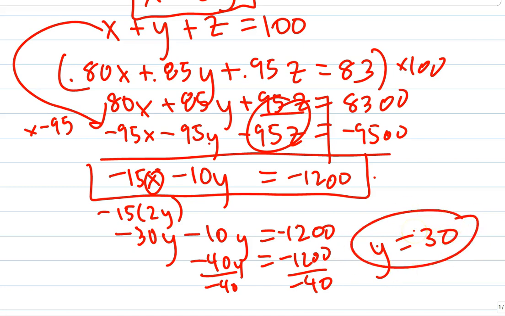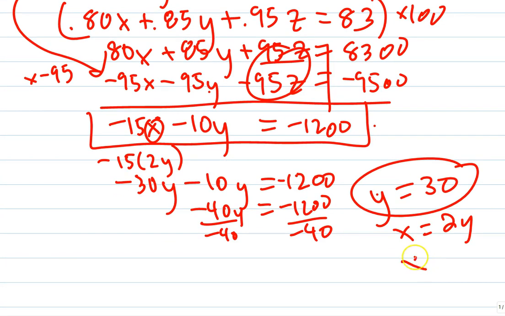We are going to use 30 ounces of the middle T. What do I do with that 30? Plug it in. Look, x equals 2y, right? So that means if y is 30 and x is equal to 2y, then x must equal 60.